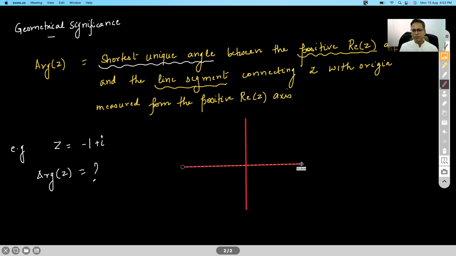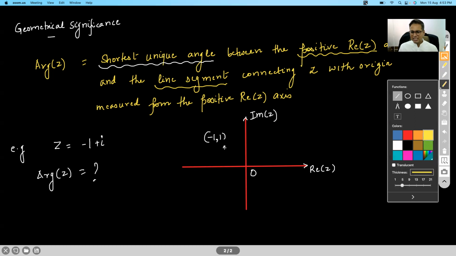We are first going to represent minus 1 plus i on the Argand plane. So we know this is an Argand plane. It's a plane which is made up of the real Z axis and the imaginary Z axis. So on this plane, minus 1 comma i will be like a point here. Isn't it? Yes or no?